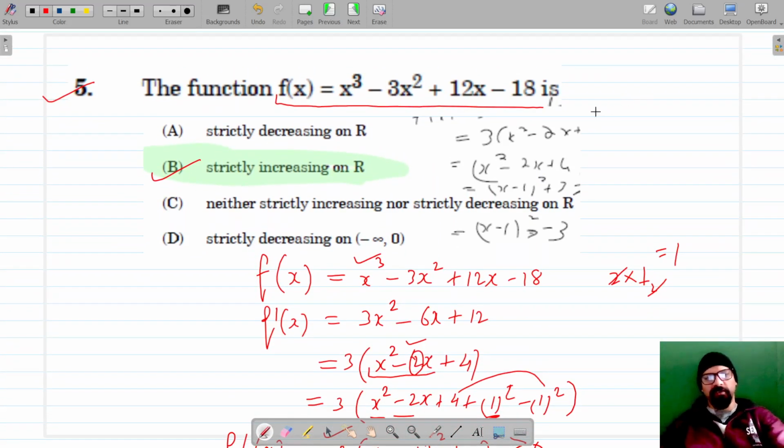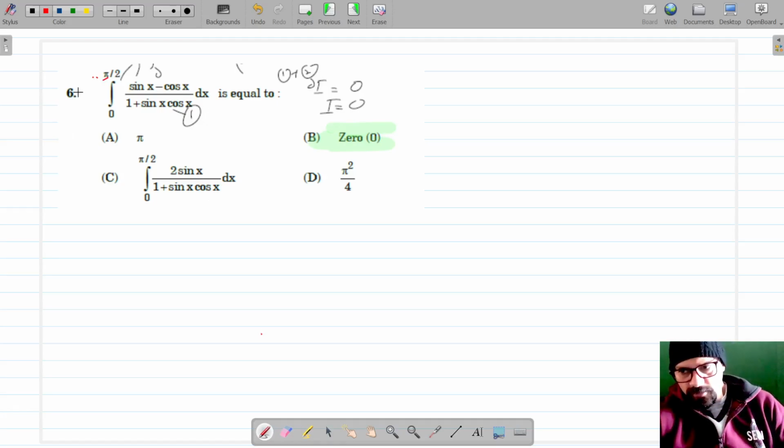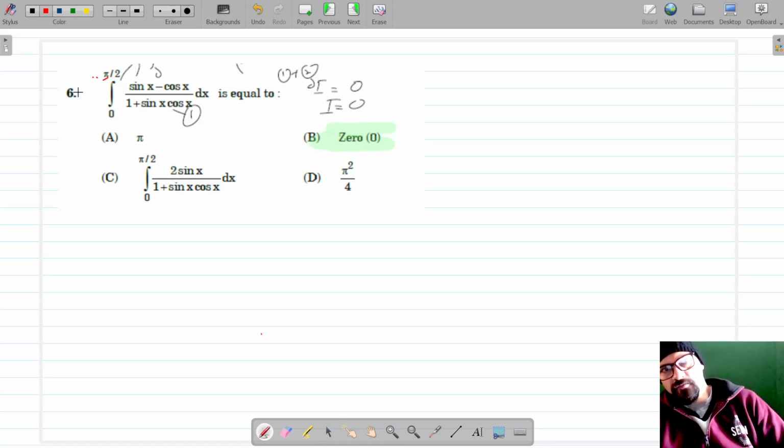Moving on to question number 6. For question number 6, we have to evaluate this definite integral from 0 to pi by 2. The integrand, with differential element dx, is sin x minus cos x upon 1 plus sin x into cos x.